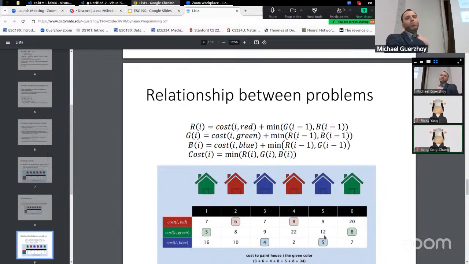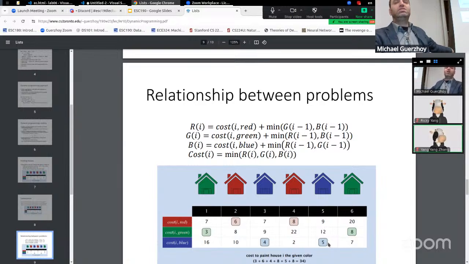The reason this works mathematically, where going from left to right doesn't work mathematically, is that R, G, and B are the total costs, right? So when I'm saying this is green, I need to know whether this is red or blue. I know what the cost is to paint everything up to this one and also paint this one blue.